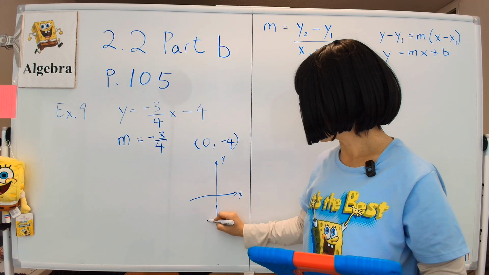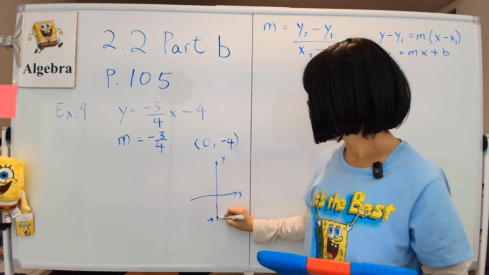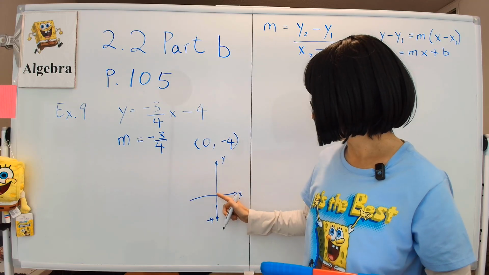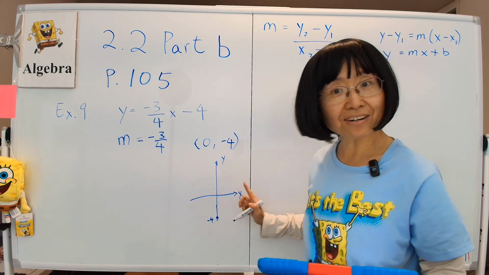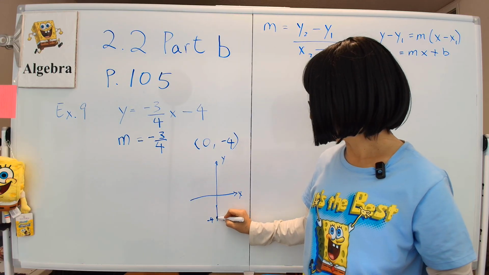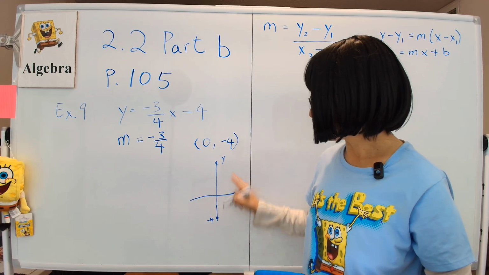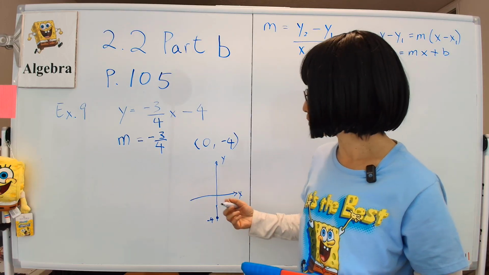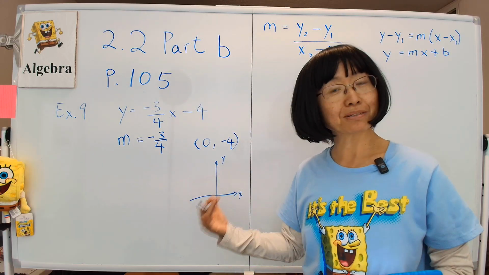Let's say that's minus 4, and this is the y-intercept. When x is 0, you can't go out this way, so you can only go down negative 4, which means the line crosses the y-axis at negative 4. That's why it's called y-intercept: it is where the line intercepts the y-axis.